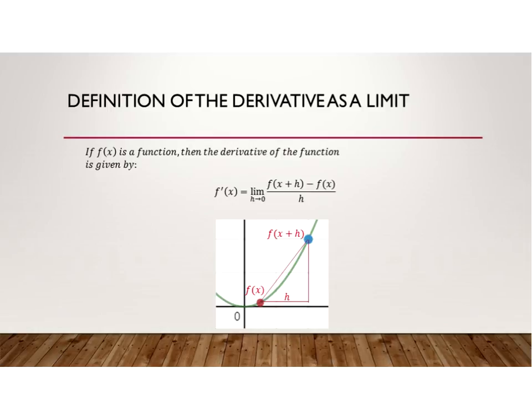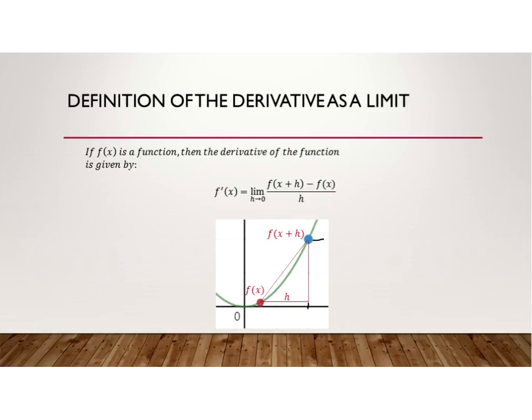So if I'm going to represent this with the notation, that point there has a y coordinate of f of x plus h, because the x coordinate for that point is x plus h, because it's the original one plus h. The y coordinate is now the value of the function at x plus h, which is f of x plus h.